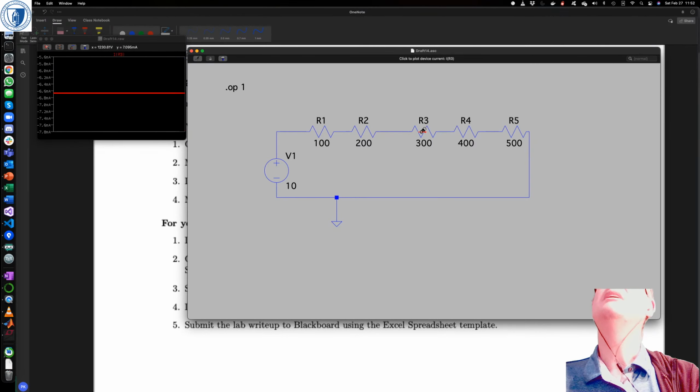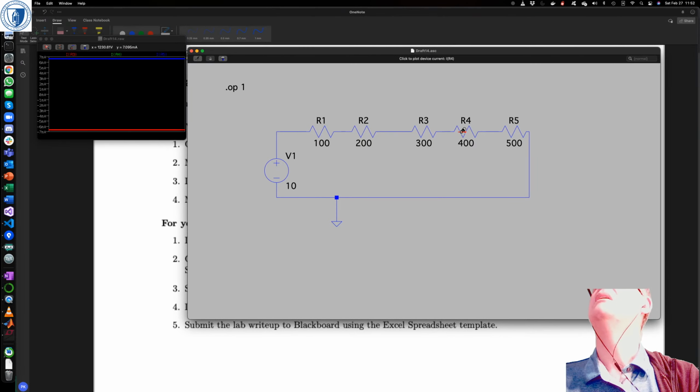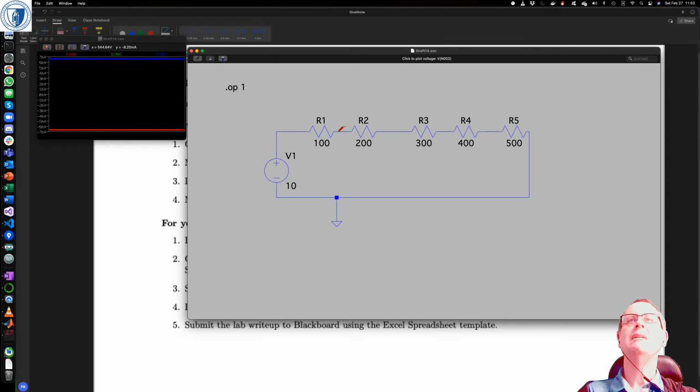For some reason, that is really bizarre. I don't know why I3 has decided to go negative. I don't think that's right, do you? Look, it's going the same direction. It's got the R3 on the top.